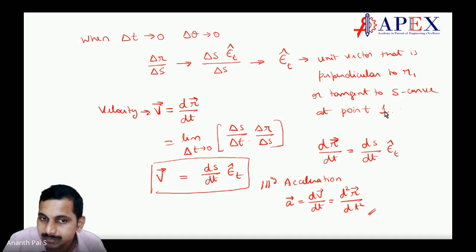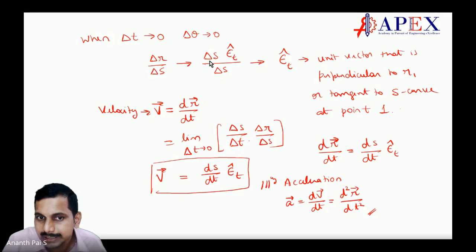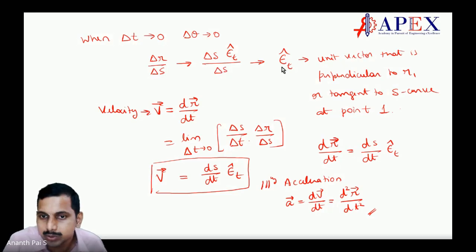Makes sense? Delta r is delta s along that unit vector. So delta s cancels, you get epsilon t, which is a unit vector. Make sense?